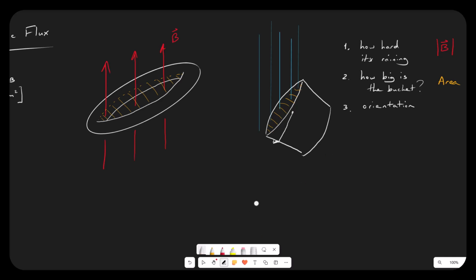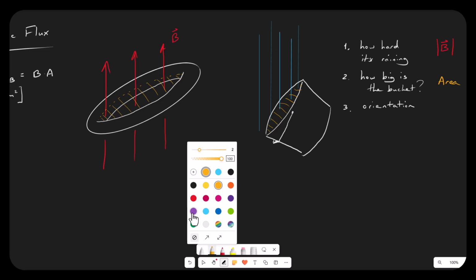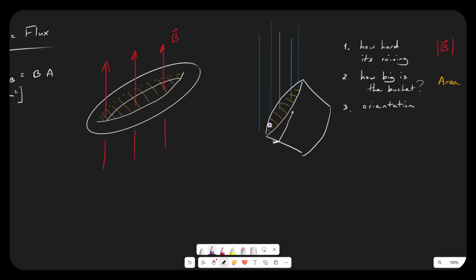The orientation sounds like an angle issue. So over here I'm going to say this is a B field times an area already, but the orientation is an angle issue. If I want to catch more, I would like the bucket to be rotated up this way, so it's hard to quantify that maybe.